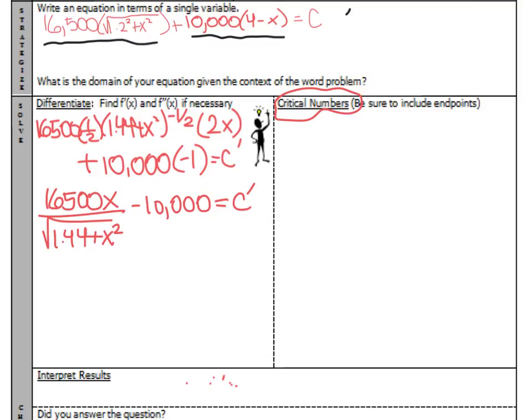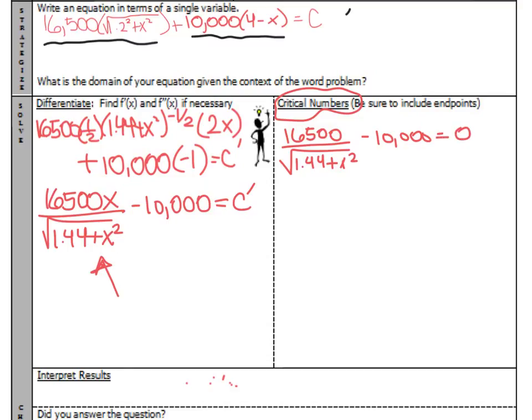As far as the derivative being undefined goes, if you look at the denominator, that denominator will never be 0. So I don't really have to worry about making a common denominator. So let's just worry then about setting the derivative equal to 0. So I'd end up with 16,500x all over the square root of 1.44 plus x squared minus 10,000 is equal to 0. So now let's go about solving this.